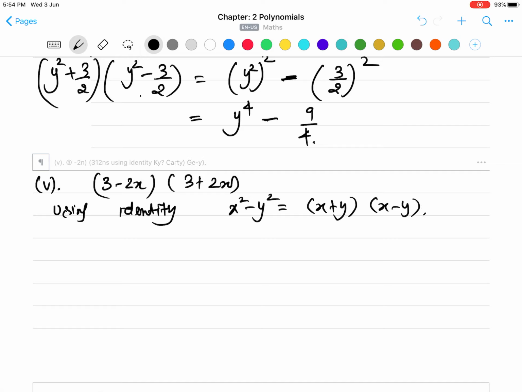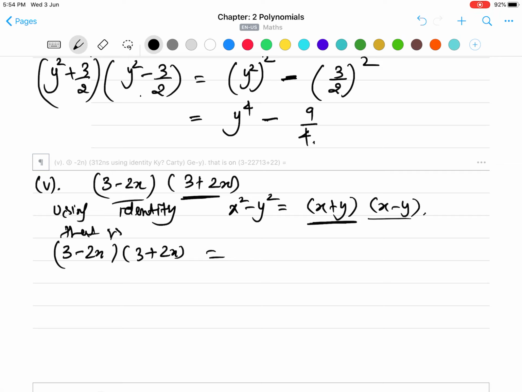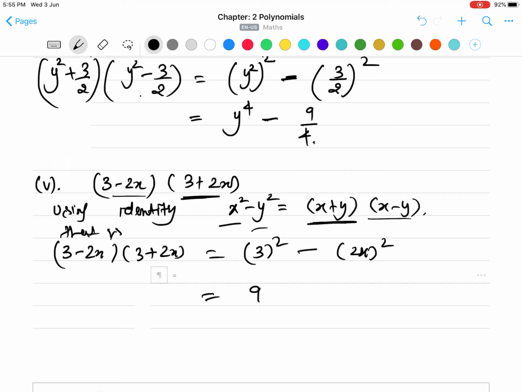So we have 3 - 2x and 3 + 2x. As you can see, first they are given in the addition, then in subtraction, we can write this as square of first term minus square of second term. So the first term here is 3, that is 3² minus square of second term, which is (2x)². 3 square is 9 and (2x)² is 4x². So that's the answer of this part number 5 of question number 1.